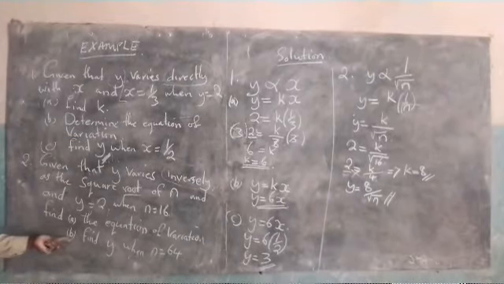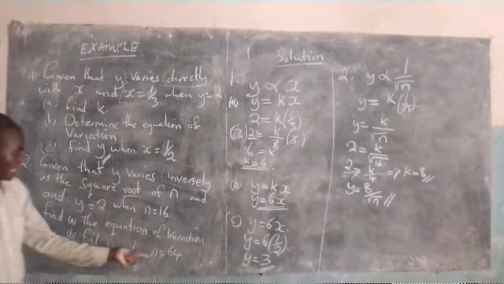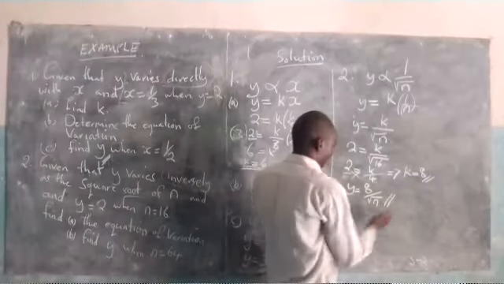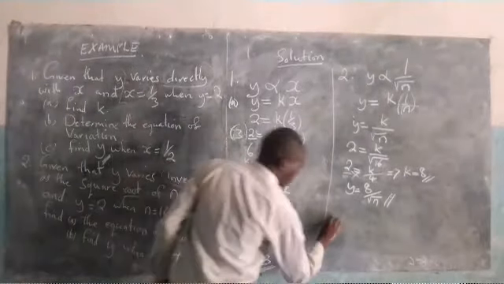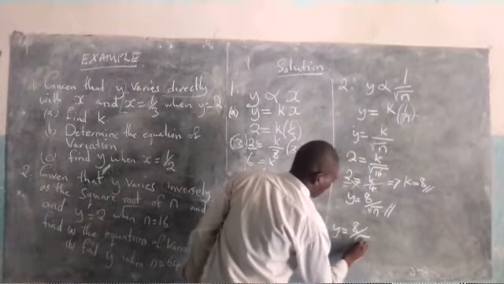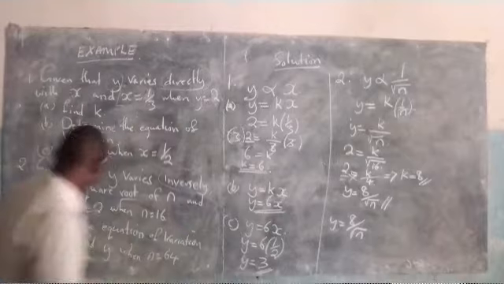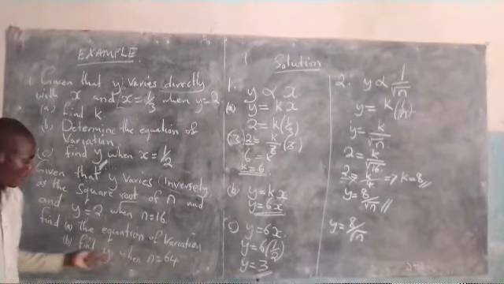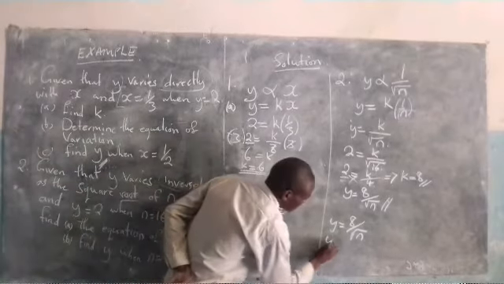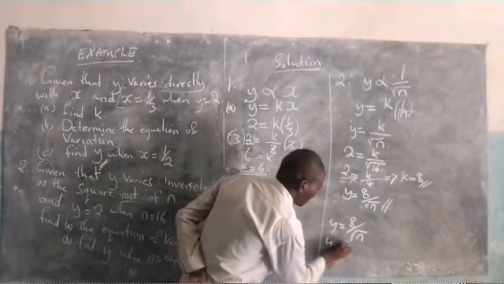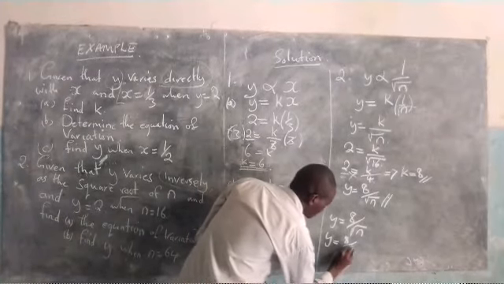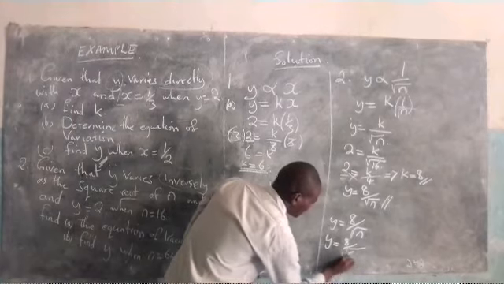Then we go to part B. They are saying find y when n is 64. Using this equation, y is equal to 8 over the square root of n. n is 64. We want to find the value of y. So y is equal to 8 over the square root of 64.